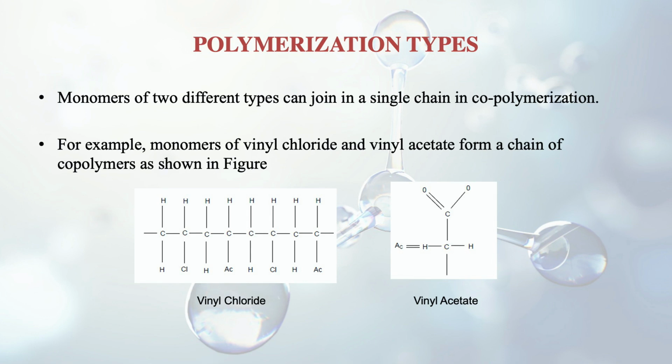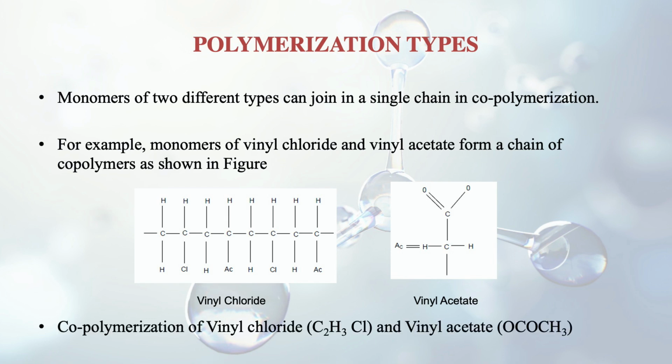In this figure you can see vinyl chloride and vinyl acetate, C2H3Cl and COOCH3. These two are different and they combine to give a new polymer. This process is known as copolymerization.